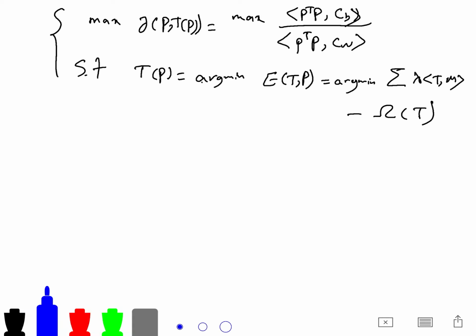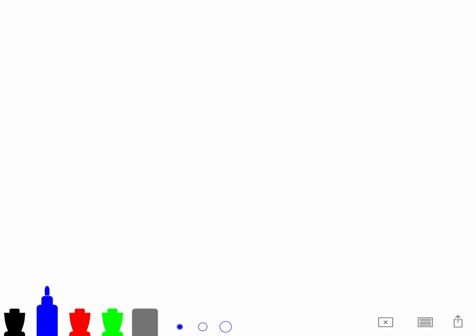So it's so easy, and we can write the J as so: J of P, T, and P that we want to maximize is P transpose P, CB.